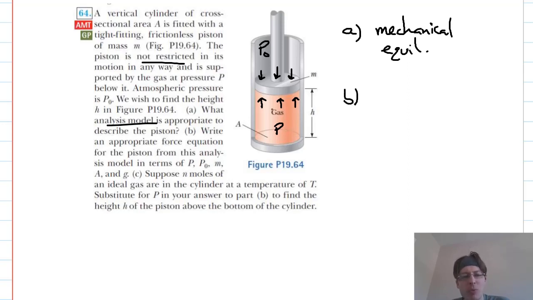Okay, so we want to write the force balance equation. It says that the upward force from the gas in the chamber, that's P times the area of the piston, minus the downward forces. The atmospheric pressure pushes downwards with a force of P0 times area. And then there's minus mg from the weight of the piston, and those have to all be in balance.